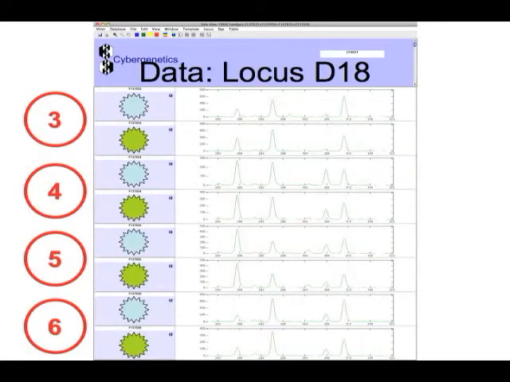This is what the data looks like at locus D18. For each swabbing area, we show the two amplifications in blue and in green. If you look at each amplification, they look fairly similar from each swab, but they look a little dissimilar across the four swabs. They have different patterns, they're different swabs.